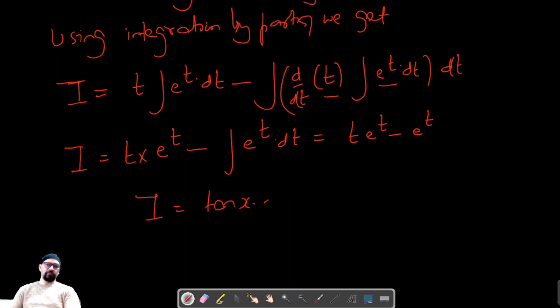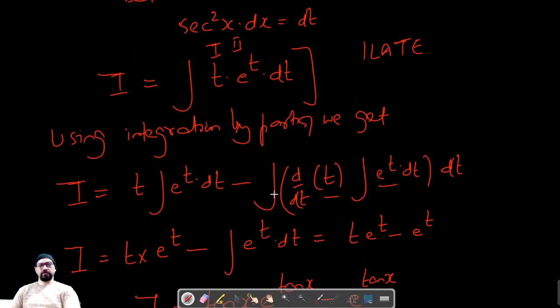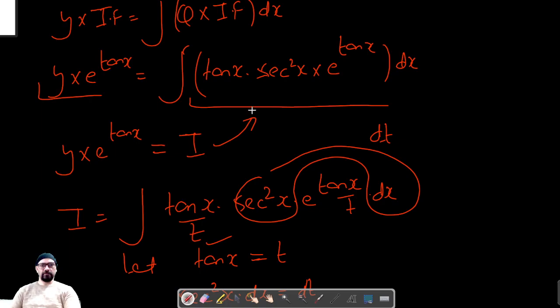If we substitute the values, this is tan x times e raised to the power tan x minus e raised to the power tan x, and e raised to the power tan x is common, so this is e^(tan x) times (tan x minus 1). Let's resubstitute its value in the equation.